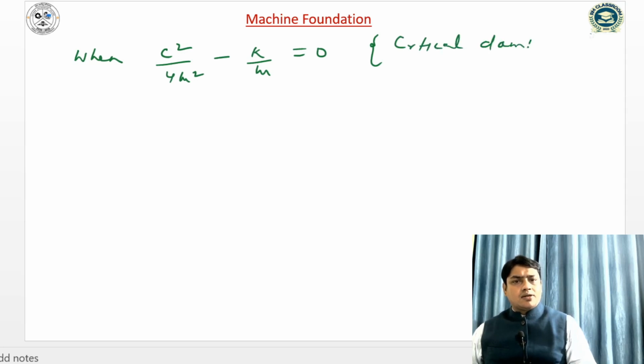In critical damping, our damping ratio will be equal to unity. So what is critical damping ratio?